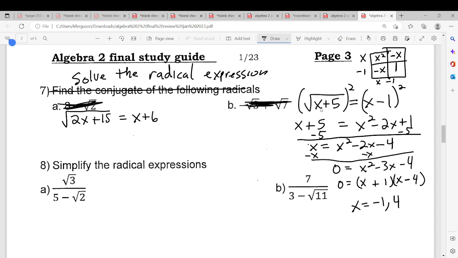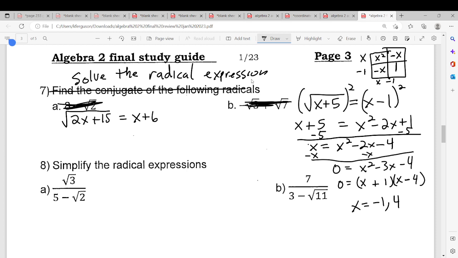Can't have a negative under the square root. So then that would be an extraneous solution. That would be something that it'd be nice if it worked, but it doesn't. So everybody follow? So you should check that. I'm probably not going to hit you with it, but you need to know that that's something you should do. Okay? Does anybody have any questions?